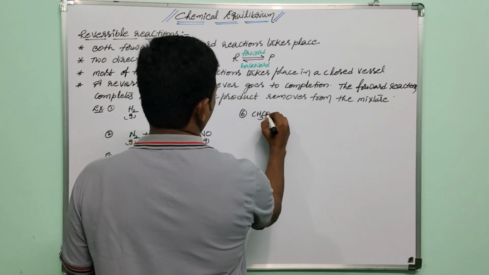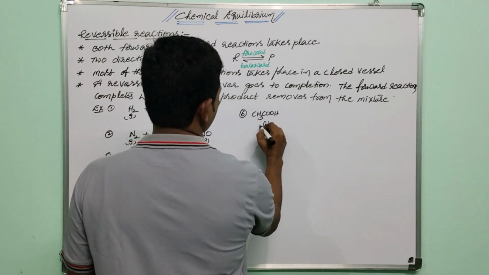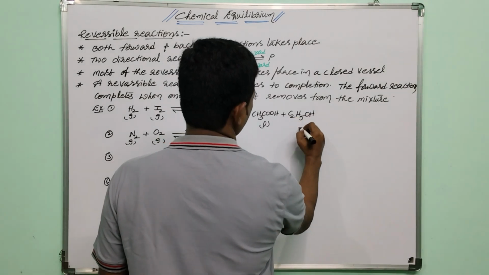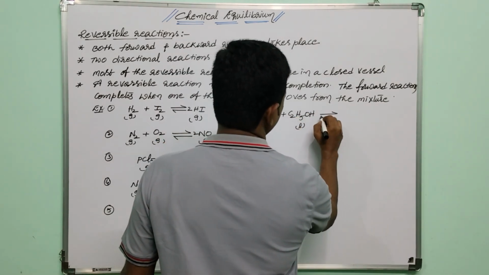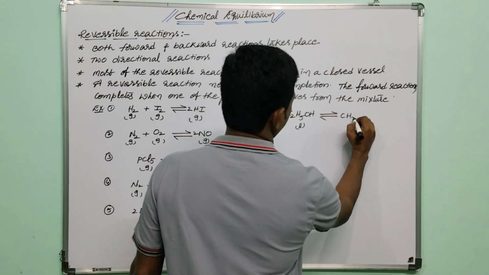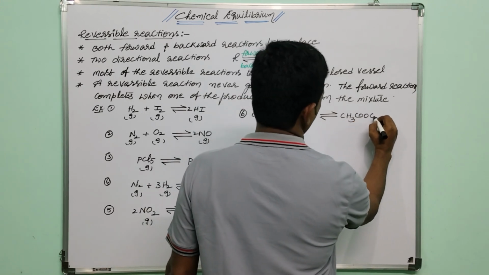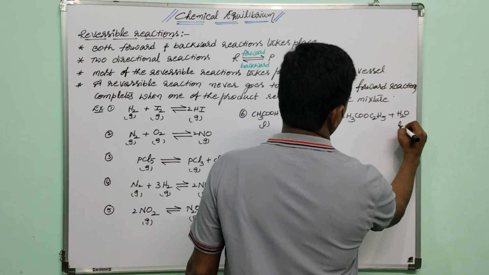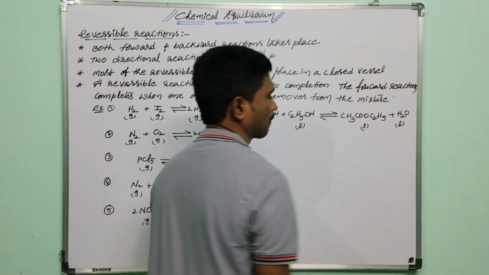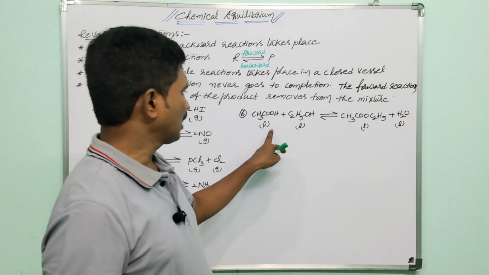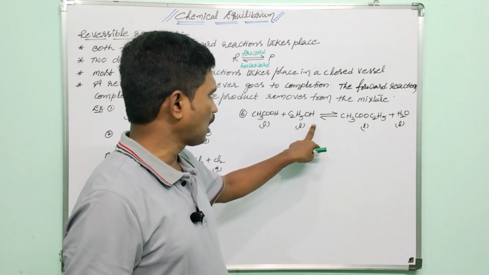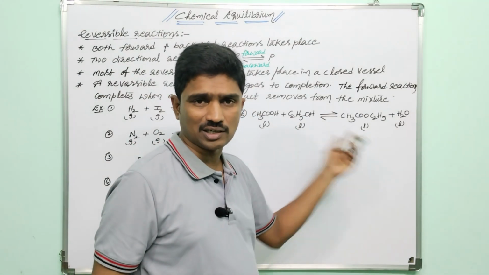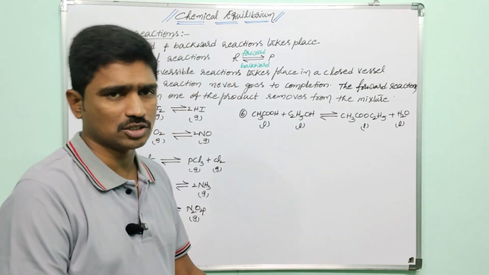Acetic acid, a liquid, combines with ethyl alcohol C2H5OH, another liquid, and we get an ester, ethyl acetate, CH3COOC2H5, and water. Okay. Here acetic acid and alcohol are in liquid state, ester and water are in liquid state. Liquid phase reaction, a reversible reaction.